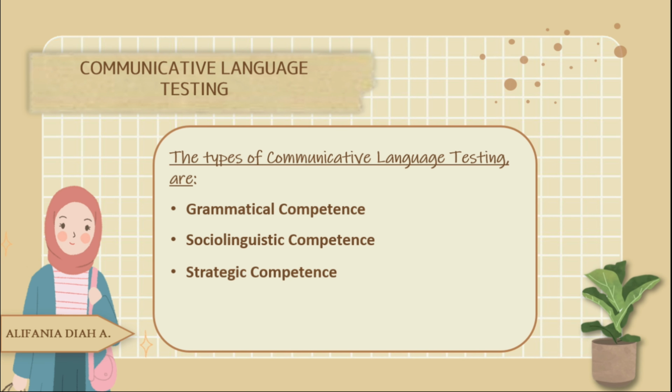Next, strategic competence is the ability to compensate for incomplete or imperfect linguistic resources in a second language by using other successful communication strategies. And last, discourse competence is the ability to deal with extended use of language in context, cohesion, and coherence.